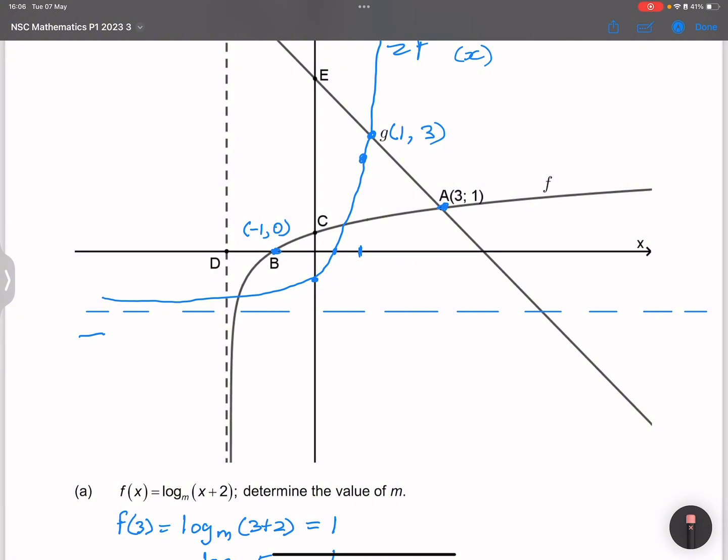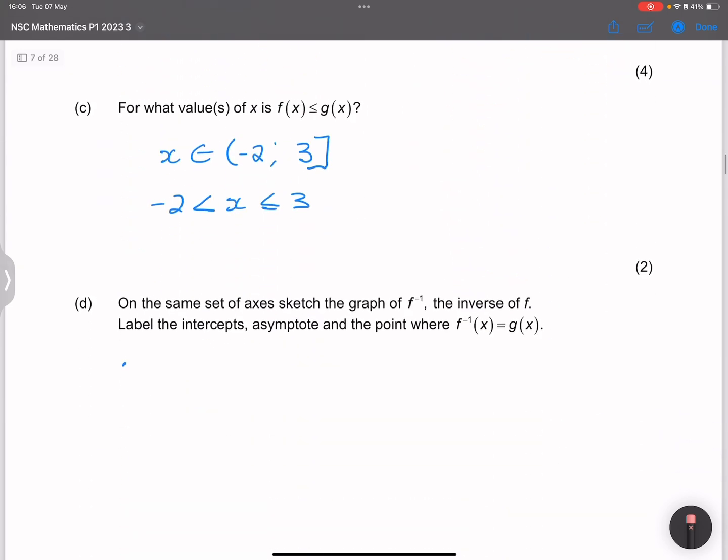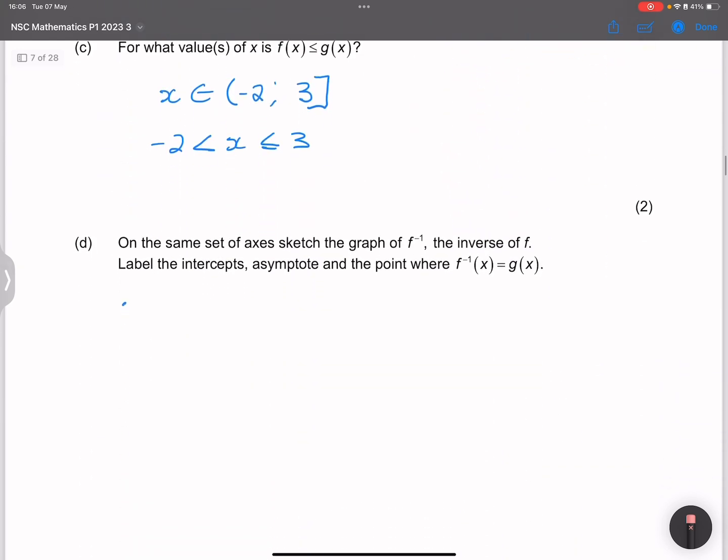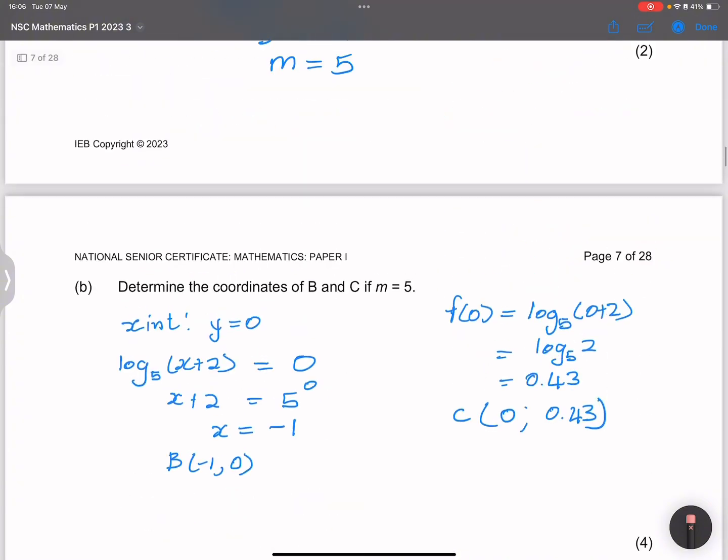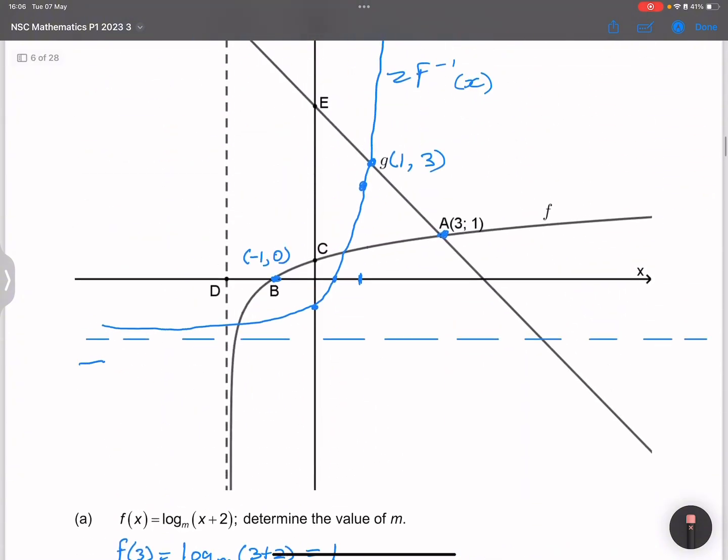So did we do everything on the same set of axes? Yeah, they label the intercepts, the asymptote. So let's label all our points. We know that this point here would be (0, -1).